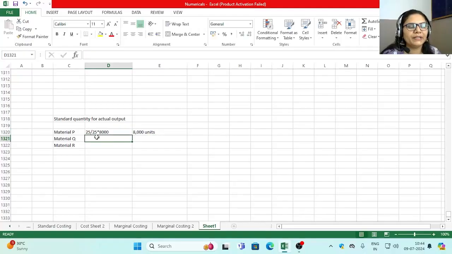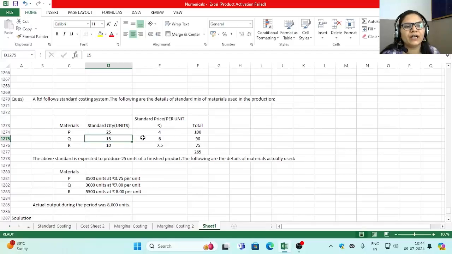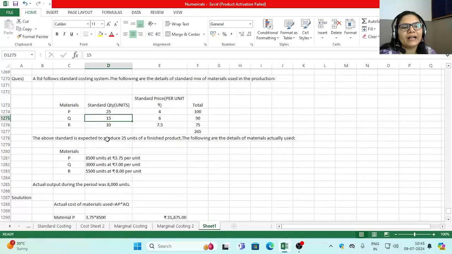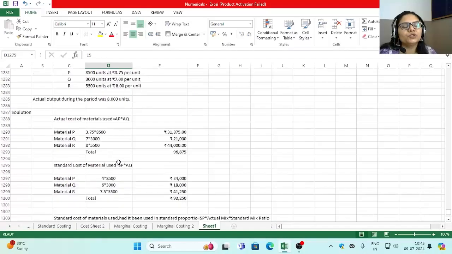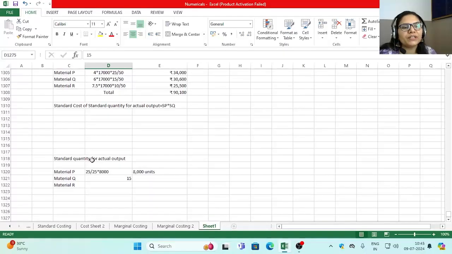Now for material Q, we know 15 units are used as a standard estimation, or you can say it is a standard quantity. We are making a standard that 15 units of material Q will be used in 25 units of a finished product, but the actual output was 8,000. So for calculating standard quantity, we always calculate standard quantity for actual output.